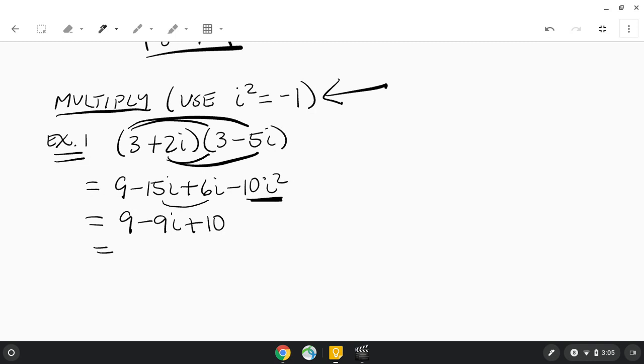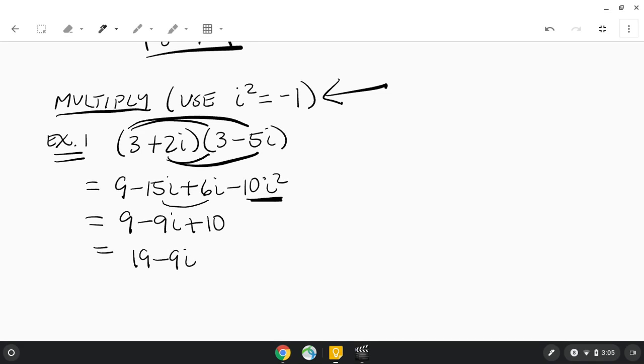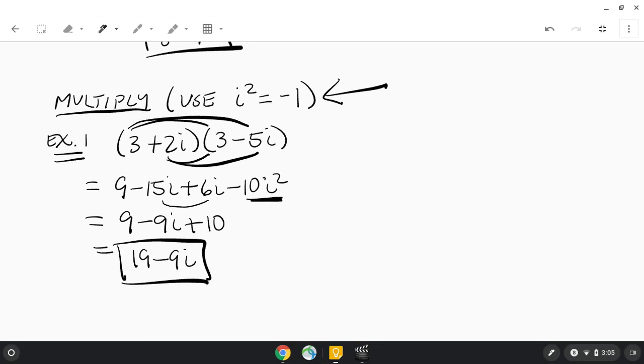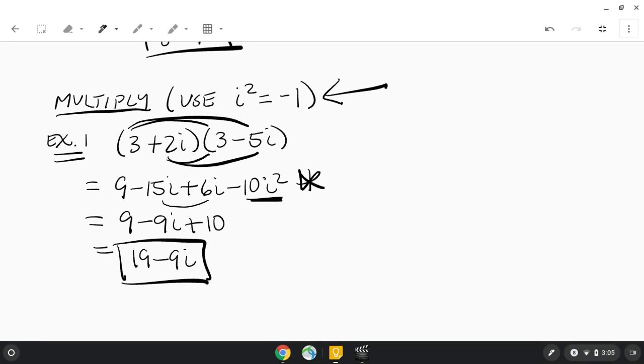So my final answer, real part 19, imaginary part this. Okay. So that's all for multiplication. You multiply as usual. The only thing you have to remember is this part right here, that i squared equals negative 1. Okay, so let's take a look at division.